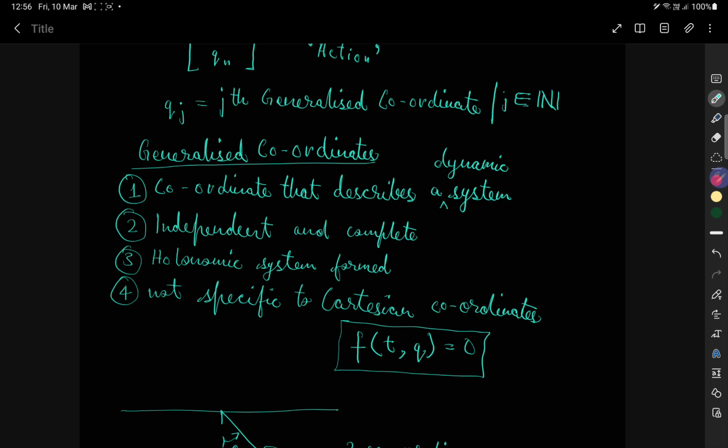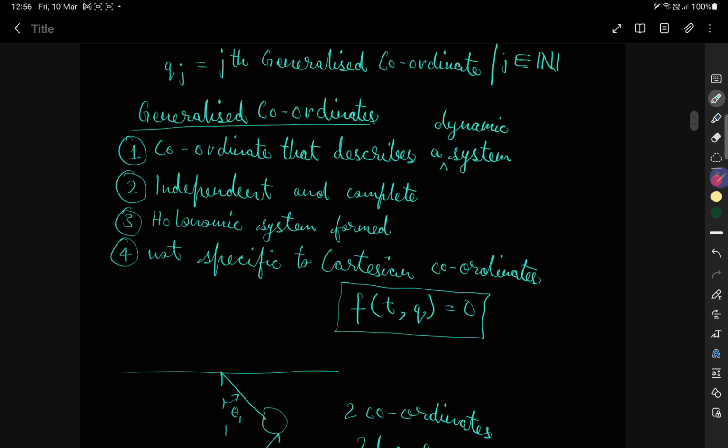I won't be going too much into detail on holonomic constraints and constraints in general, but I will give you a general overview of what it is. Nonetheless, a holonomic system is formed when all the coordinates are independent, and when there is a function, or multiple functions, in terms of time and the generalized coordinates, such that the function equals 0 or any constant, though 0 is preferred.